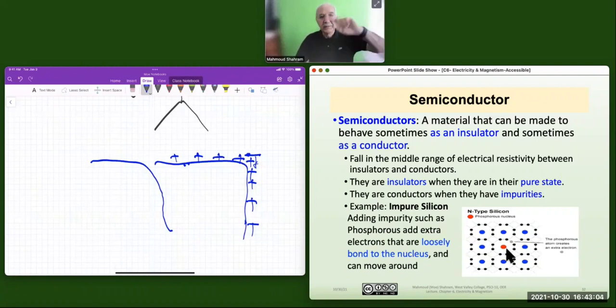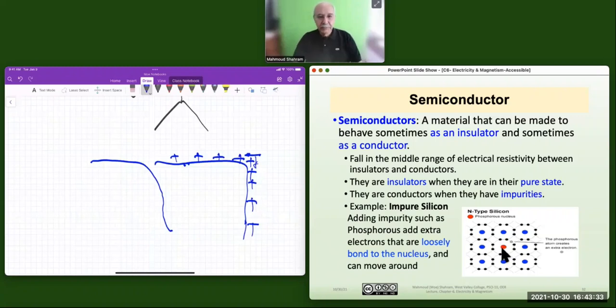Now, phosphorus has 5 electrons in the outermost shell. And what happens is you're left with an excess electron in that orbit. It's kind of an orphan. It doesn't have a place, so it can easily be moved around. And we will see how that happens shortly.